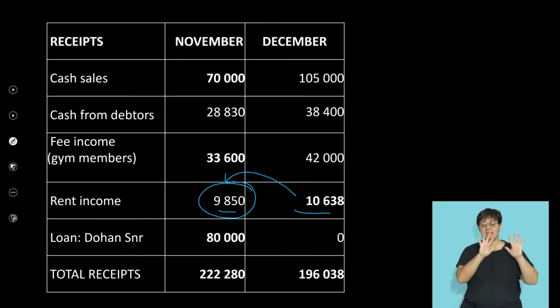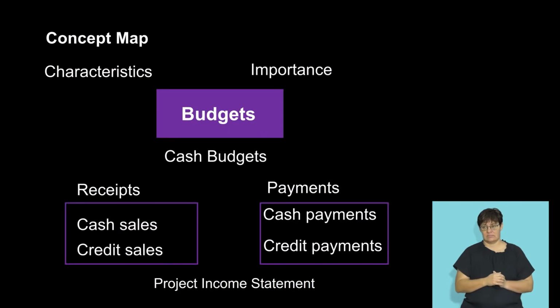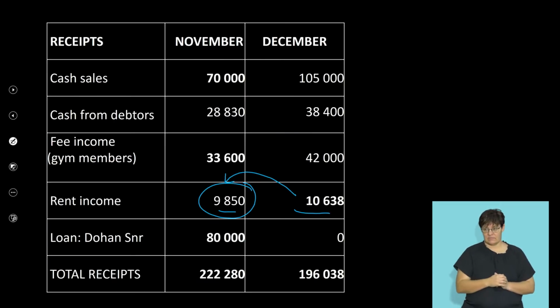You take the 10638 minus 9850, which will give you an increase of 788, times 100 divided by 9850, and clearly you can see you're getting an 8% increase.